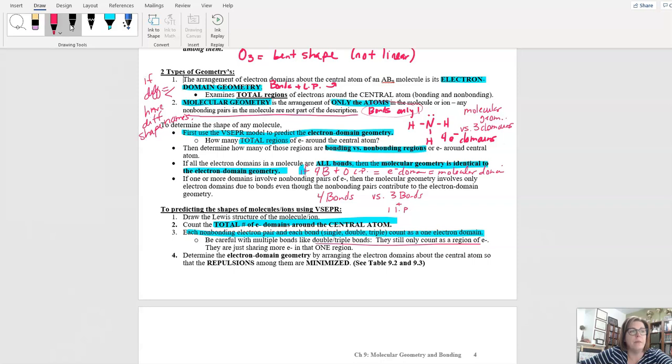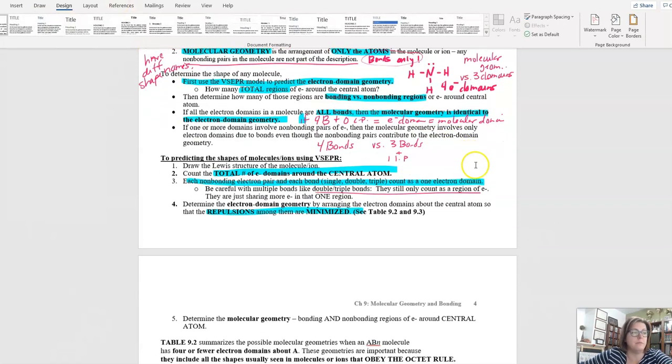Determine the electron domain geometry by arranging the electron domains about the central atom so that the repulsions are minimized. We want those repulsions minimized as much as possible. And you'll see two big tables coming, 9.2 and 9.3, that have all the names in them.